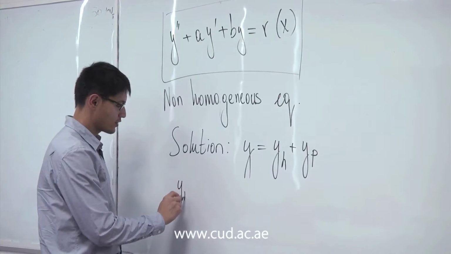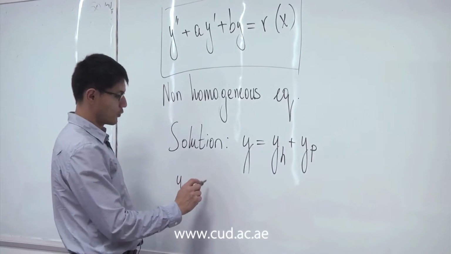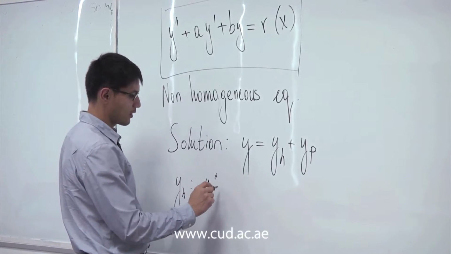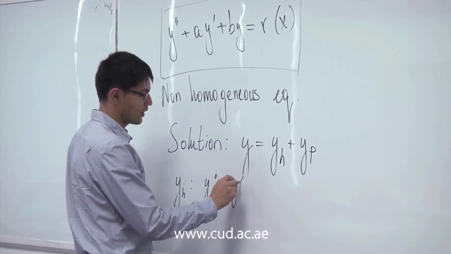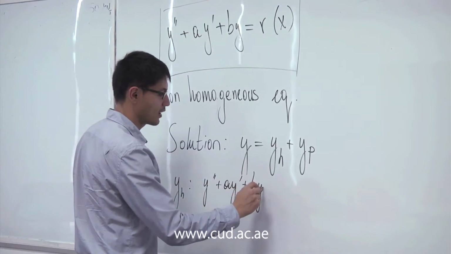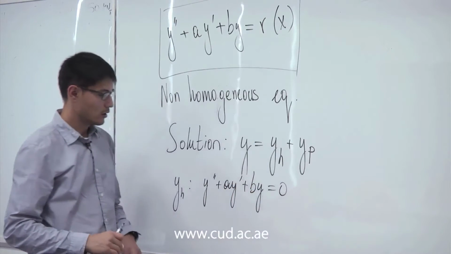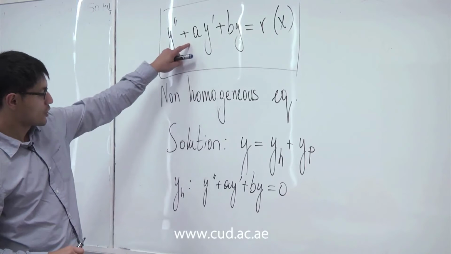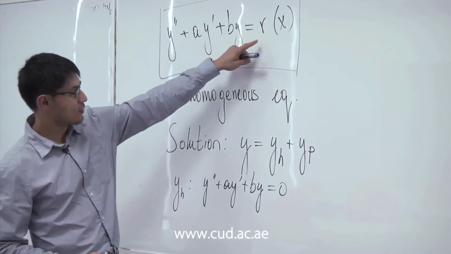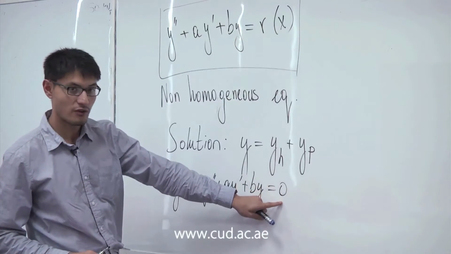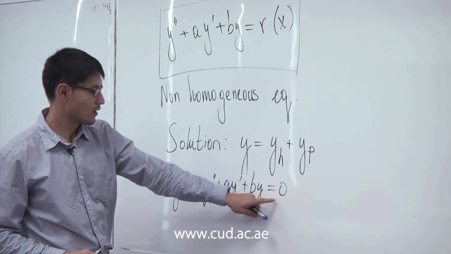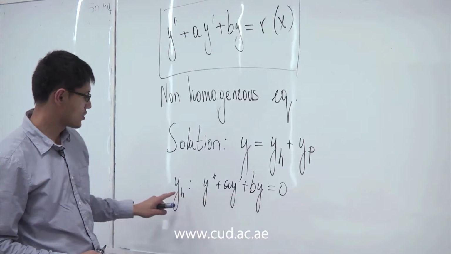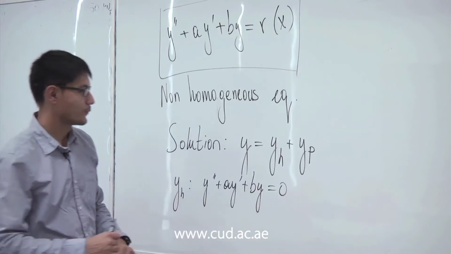So to get the homogeneous solution, we have to solve the equation y'' + ay' + by = 0. So we basically copy the original equation, but instead of r(x), we put 0 on the right-hand side. And the solution of this homogeneous equation is called yh.